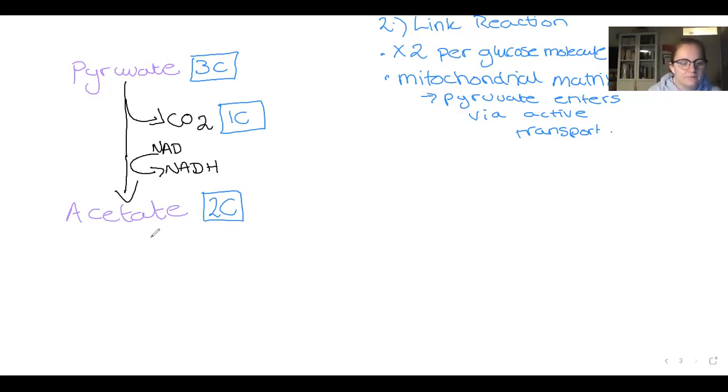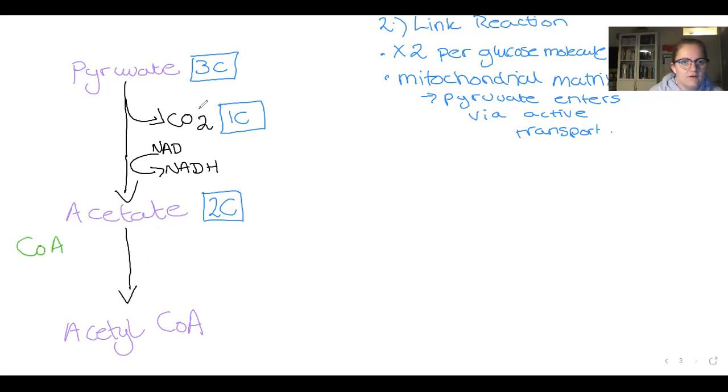Now, acetate is going to eventually form this molecule called acetyl coenzyme A. To do this, acetate and coenzyme A join together. So let's add in coenzyme A over here.